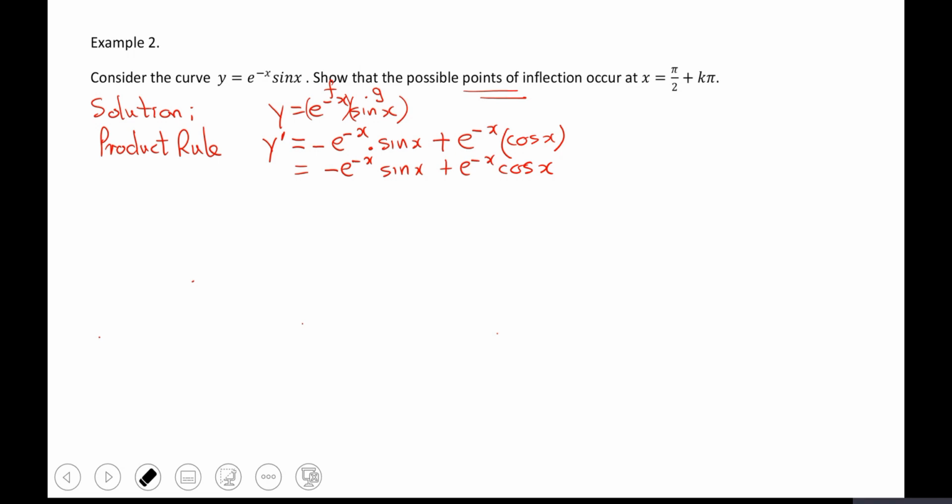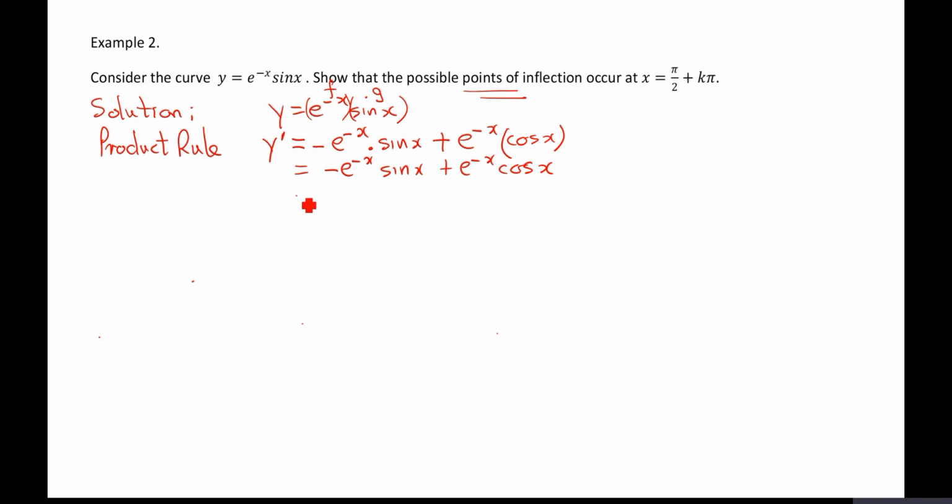I want you to look at that function very carefully now. Because if you look at it, those are two terms. The first term is a product, minus e to the minus x sine x. The second term is also a product. So I would have to use the product rule twice. But this is when your algebraic manipulation of terms plays such a major role to reduce your working out.